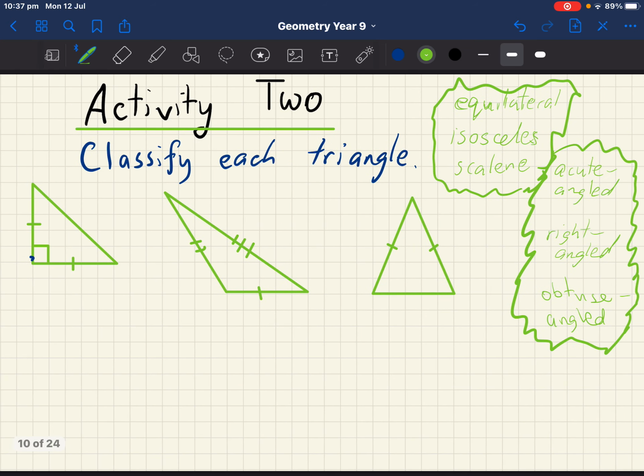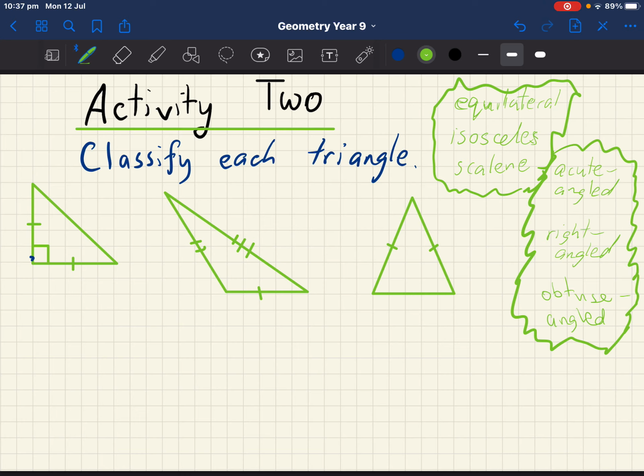So when you get to your exam or textbook exercise and the question asks you to classify the triangle, or for example, this activity you're about to do here, the question will typically ask you to classify the triangle based on both its side length and angles. So what they're asking for you to do is to give both names for each triangle.